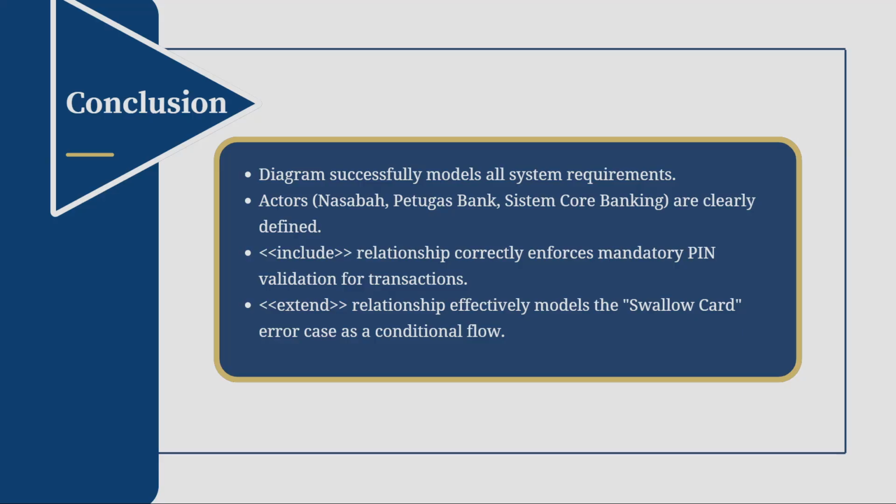We use the include relationship to enforce the mandatory security rule that all transactions must validate a PIN. And most importantly, we use the extend relationship to model the specific error condition, which is swallowing the card, as an optional flow that only triggers under specific circumstances. This diagram is now a clear and accurate blueprint of the system logic, which could be handed to a developer to begin building the system.